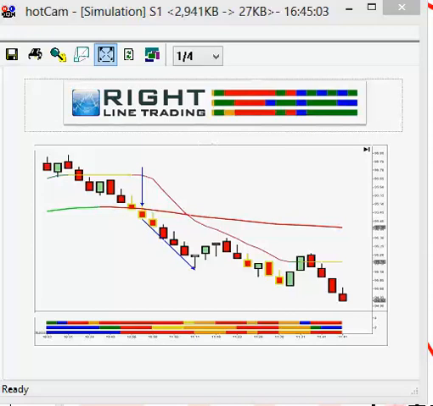So again, we don't have to look at the 3-line indicator and figure out if all these lines are red or they're not. It's all projected directly onto the price bars. Now, all of these signals develop intra-bar. So you know that this candle, if it closes to the downside, is going to be highlighted or surrounded in yellow.